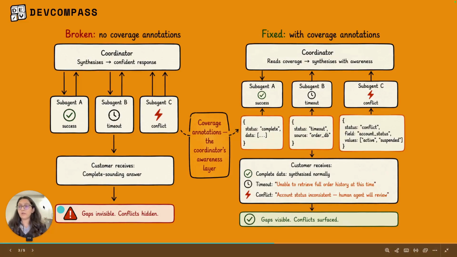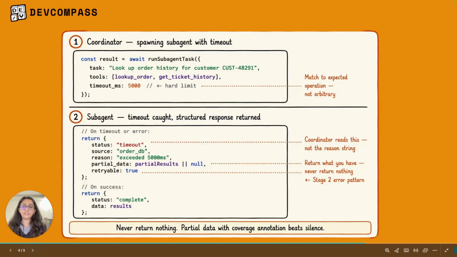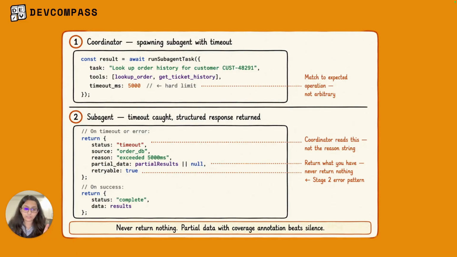Okay. Now, the implementation of this has two parts. First, the timeout parameter and the structured error response for each sub-agent. Let's look at the code on the screen. The top of the card is the task tool call with the timeout parameter, max tokens to sample, and the timeout milliseconds parameter.